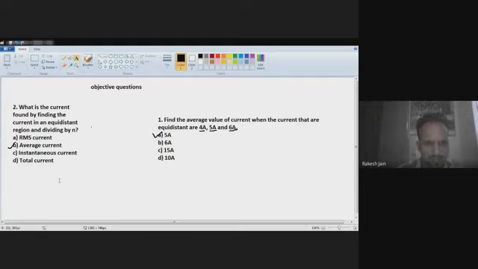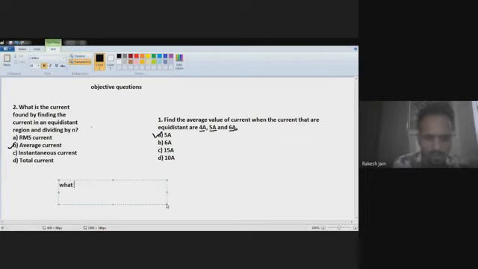Now I just write down this question. If someone asks you which one is the correct formula for average power in AC?